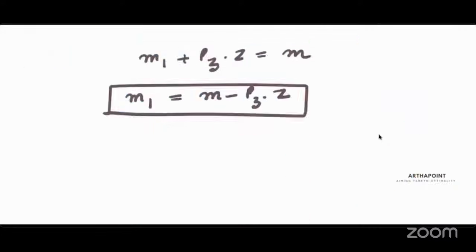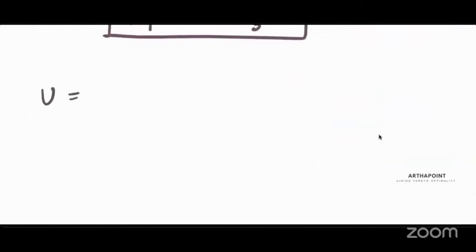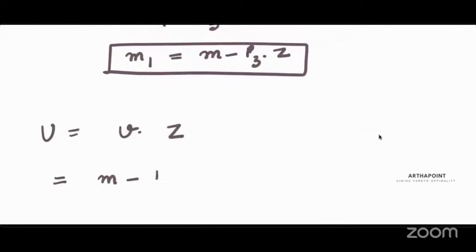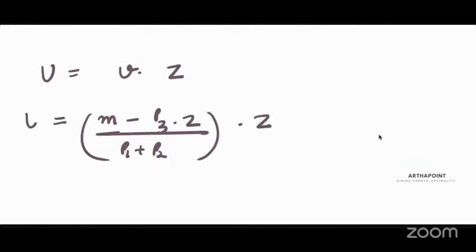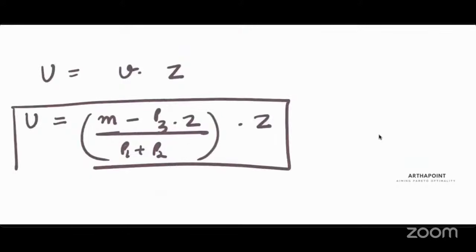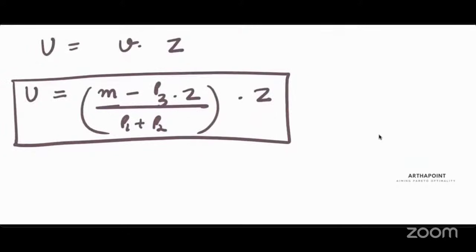So my utility function was V into Z. I found out a value of V, which is M minus P3 into Z upon P1 plus P2 into Z. The entire utility function is only in terms of Z. You can maximize this utility with respect to Z.